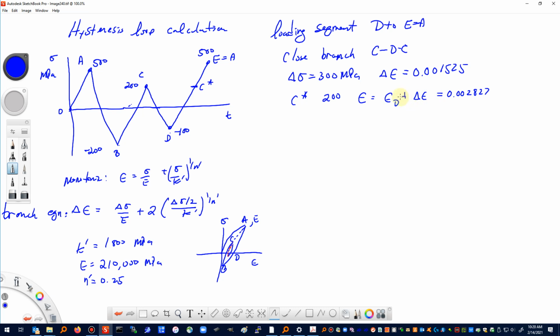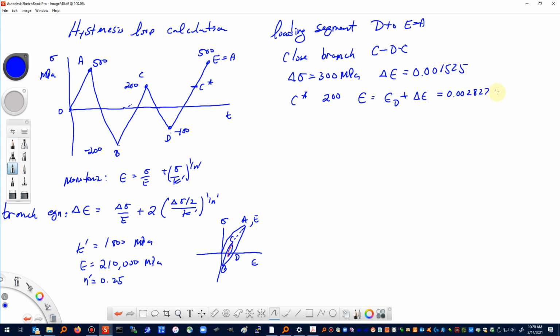So in this case, I'm going to need a positive sign here. Remember, the sign that goes with this change is based on whether we have an increasing branch or a decreasing branch. Right now we have an increasing branch, so I'm going to add. So we get 0.002827.